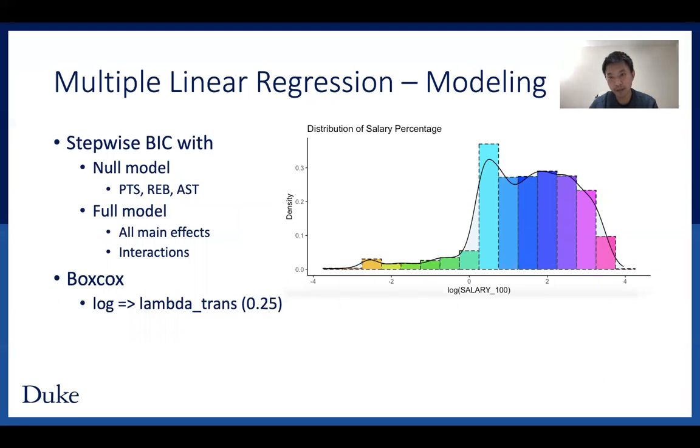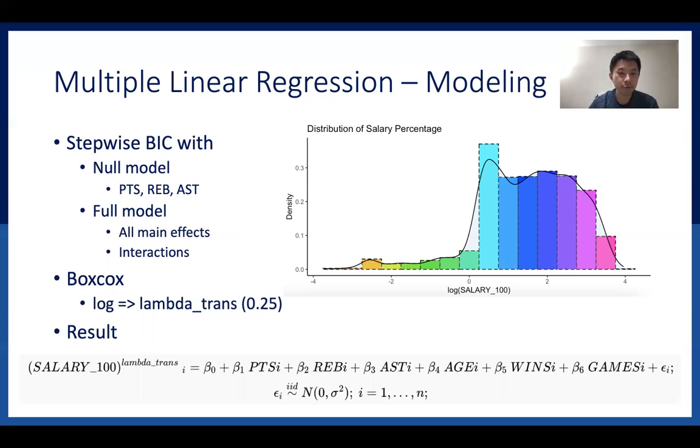And also we do some Box-Cox transformation on our response because originally our response, even with log transformation, is not purely normal. So the result here is that we'll consider points per game, rebounds per game, assists per game, and the player's age, how many games he wins in that season, and how many games he plays in that season as our model.